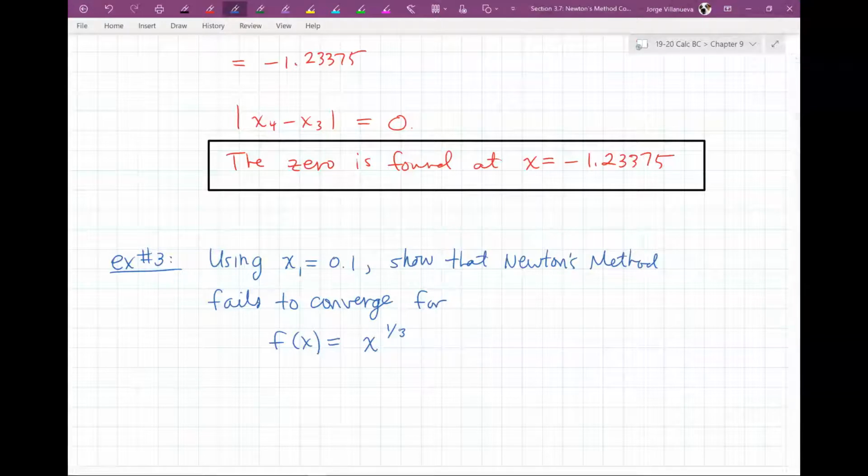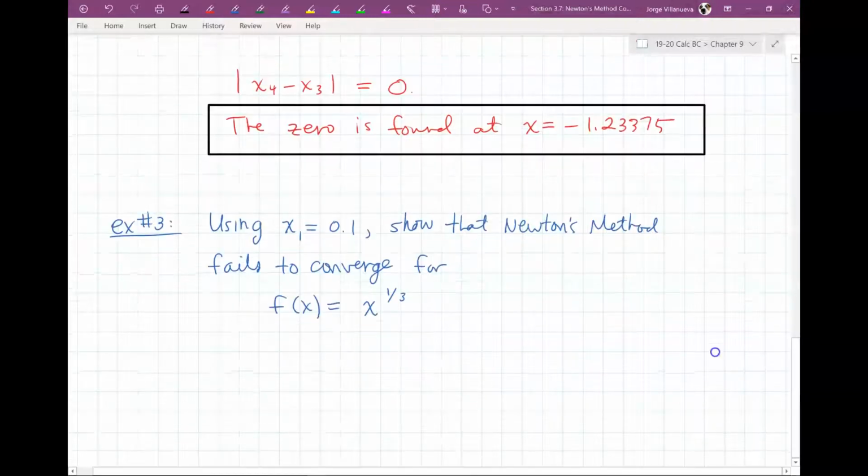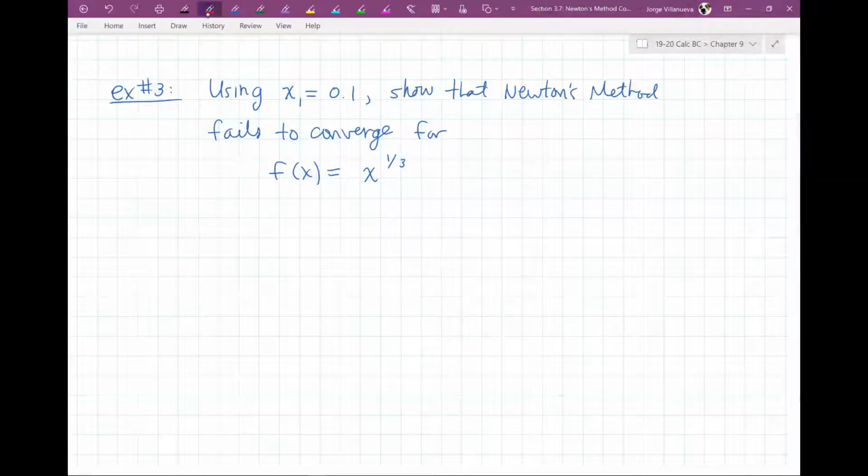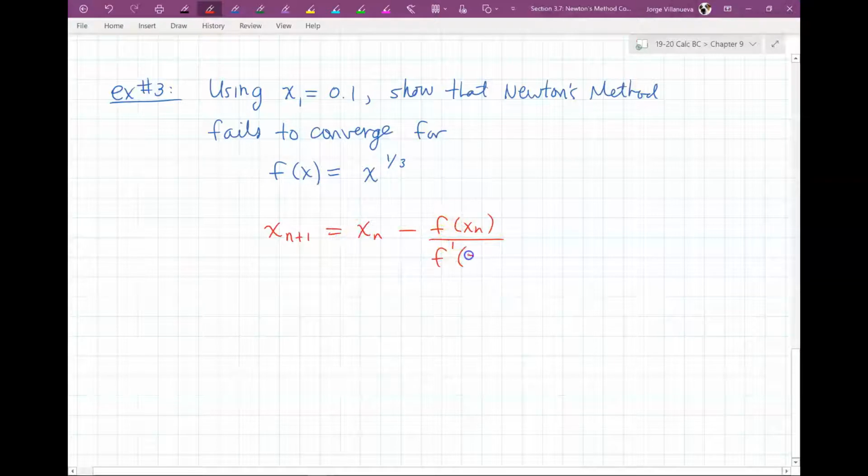Okay? Now, let me show you something that you can always do whenever you're doing these types of problems. And we didn't do it with the previous one because it doesn't work in that case. It's too big of an equation. But whenever you have small equations, we know we have this f of x, x sub n plus 1 is equal to x sub n minus f of x sub n over f prime of x sub n.